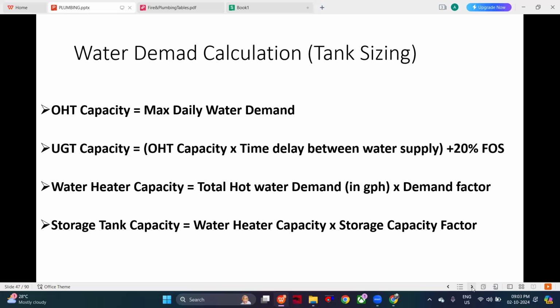And the water heater capacity is equal to the total hot water demand in GPH, gallons per hour, times the demand factor.